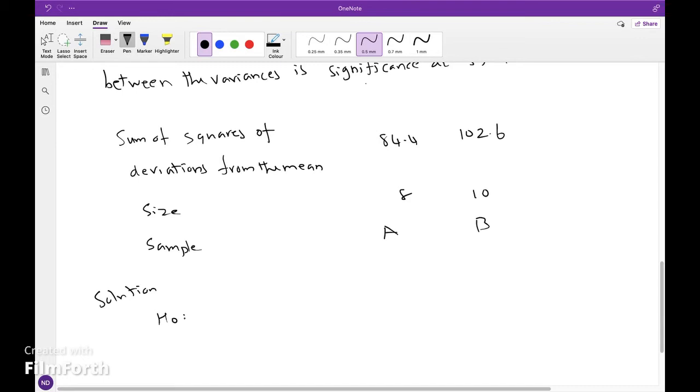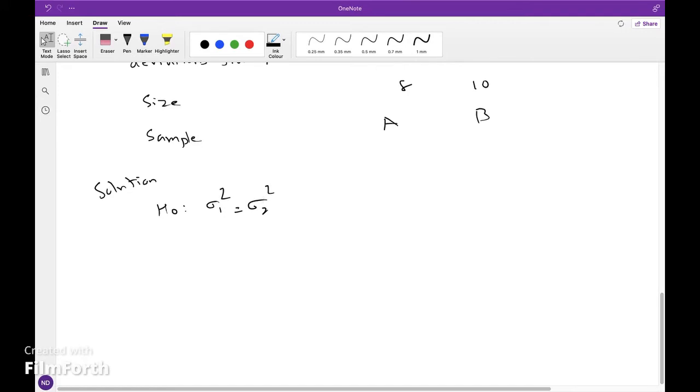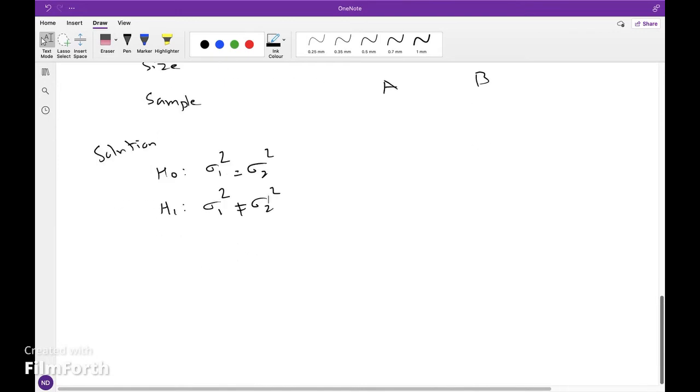First take H naught, hypothesis: sigma 1 squared equal to sigma 2 squared. That means the samples are drawn from the population with equal variance. The alternative hypothesis: sigma 1 squared not equal to sigma 2 squared. That means the samples are drawn from the population with unequal variance. The variance of sample A is s1 squared equal to the sum of x minus x bar the whole square divided by n1.